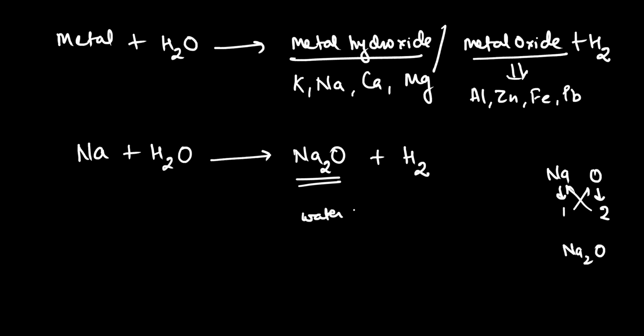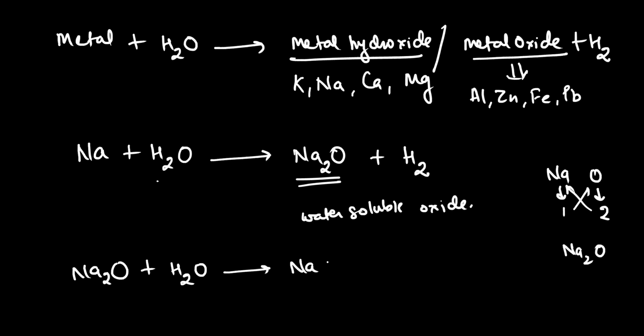This is a water soluble oxide. When it reacts with further water, because the whole water is not consumed, there will be some water still present in this reaction. So when it further reacts with water, this product forms sodium hydroxide.